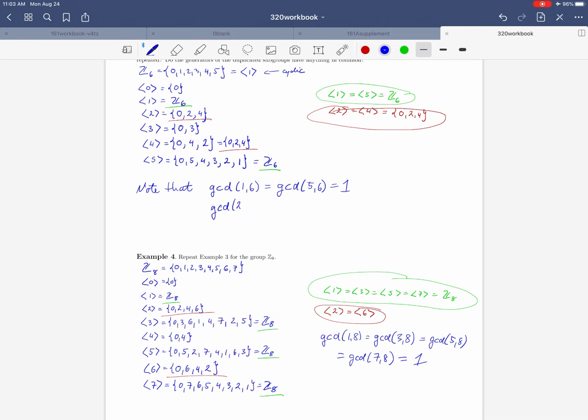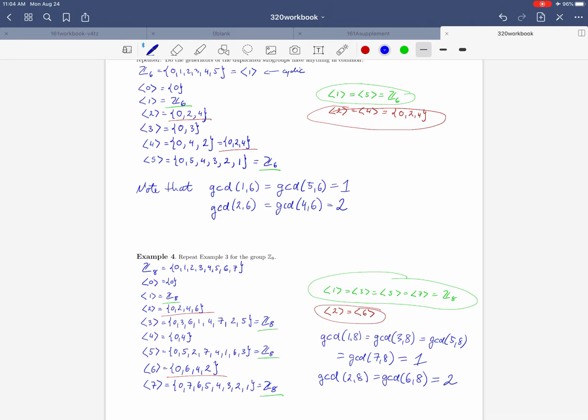So the GCD of 2 with 6 is the same as the GCD of 4 with 6. And it's not 1, it happens to be 2 in this case. And we have the same thing happening in the 8. So the GCD of 2 with 8 is the same as the GCD of 6 with 8. That also happens to be 2.